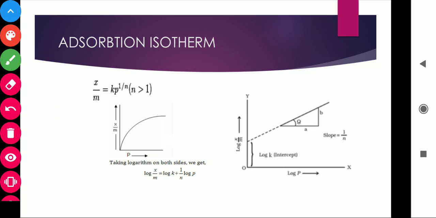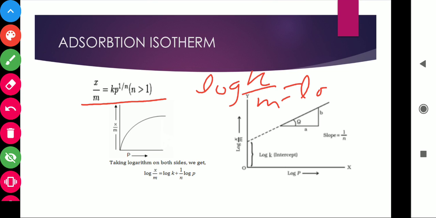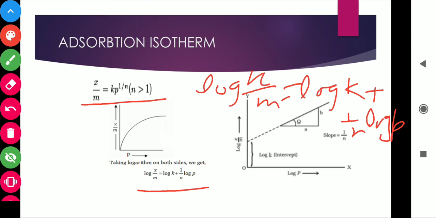Now if we draw the graph after taking log of this equation, it becomes log x by m is equal to log k plus 1 by n log p.